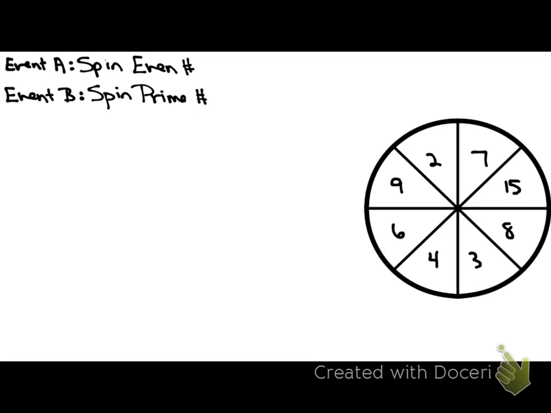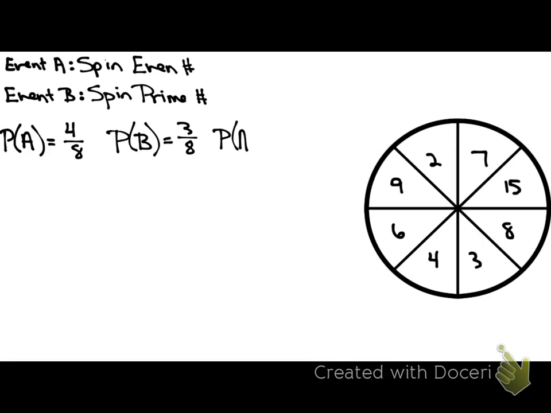All right, so the probability of A. What is the probability that I land on an even number? 4 out of 8. Did you write P of A equals 4 over 8? Now, P of B, probability of B, how many prime numbers are there? We already answered this in the last one. 3 out of 8.